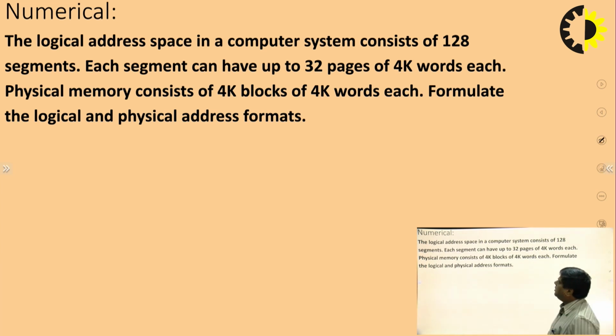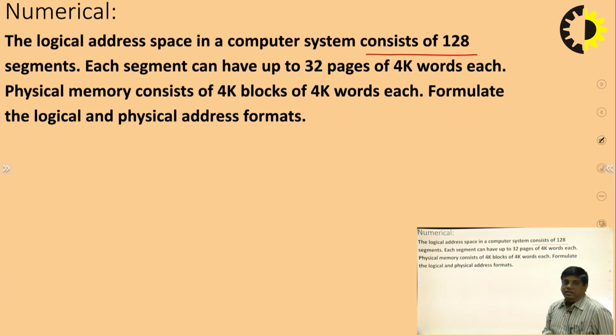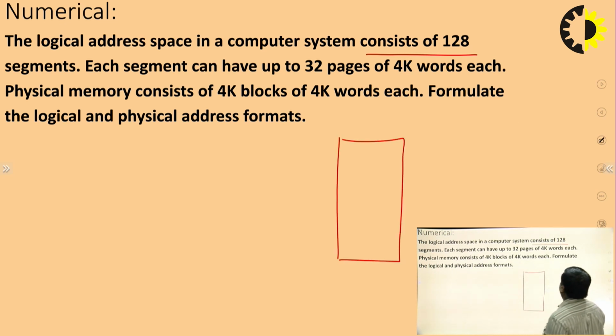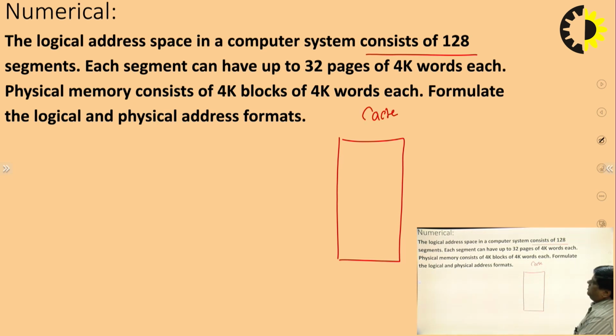Now, question: a logical address space of a computer system consists of 128 segments. What is the logical address? That tells about the size of the cache memory. There are 128 segments, and each segment can have 32 pages.